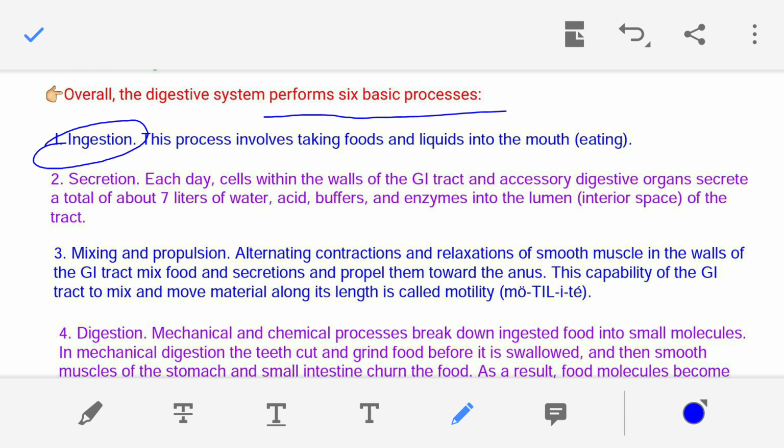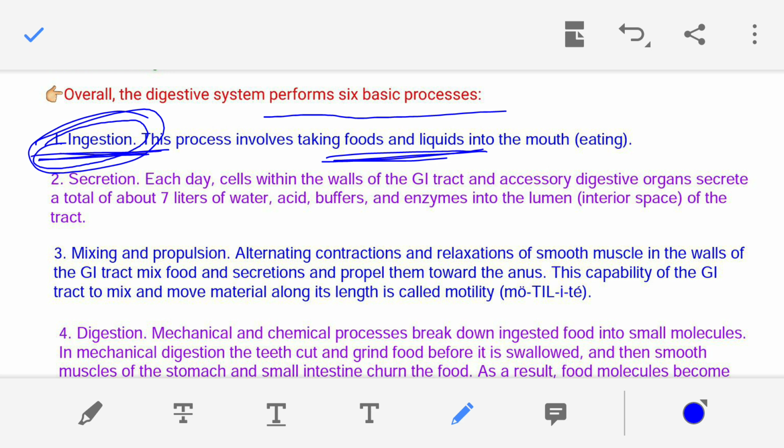Let's say you eat the rice, or the chapatis or the rotis, and various kinds of curries that you eat, or you are drinking a cold drink. All these solids and liquids that we intake, that is termed as the process of ingestion.